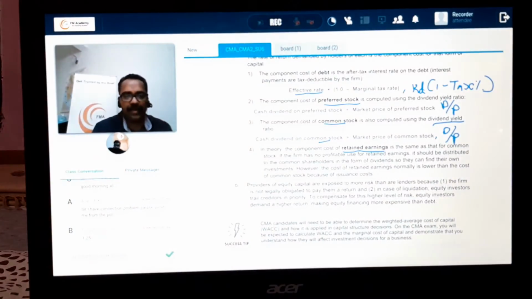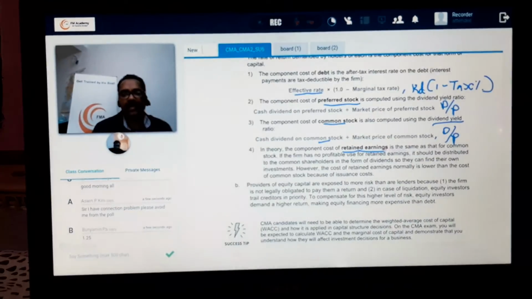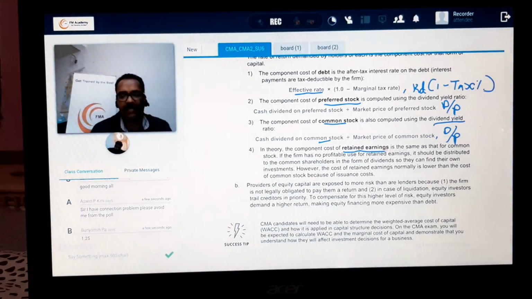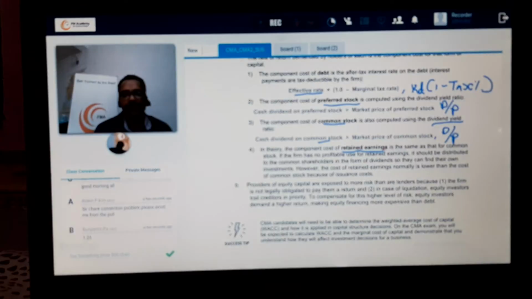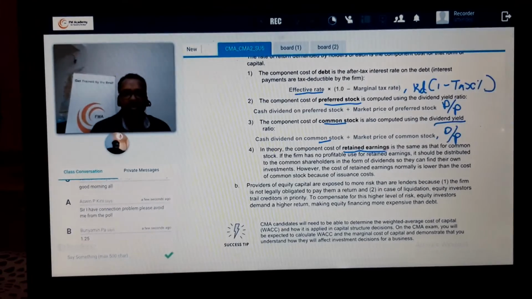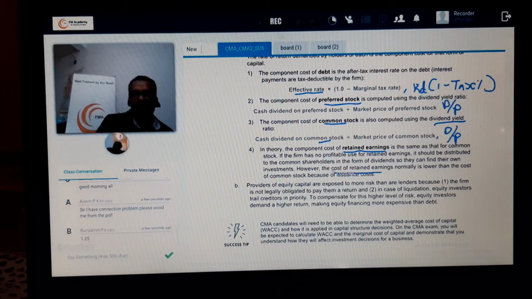In theory, the cost of capital for retained earnings is the same as common stock, because you can distribute or you can capitalize through stock dividend. But in practical purpose, normally the cost of retained earnings is lower than the cost of common stock.